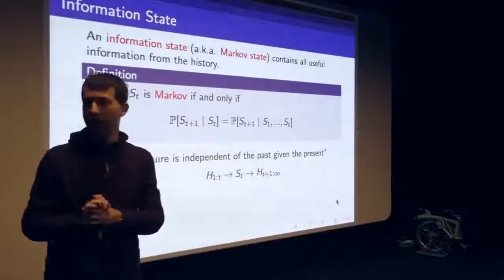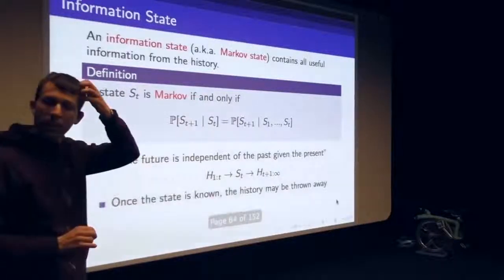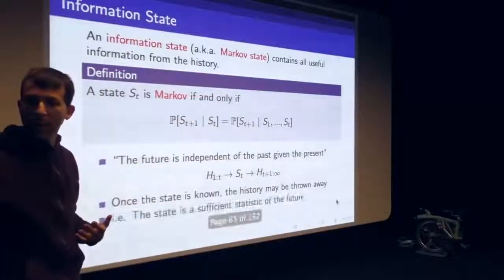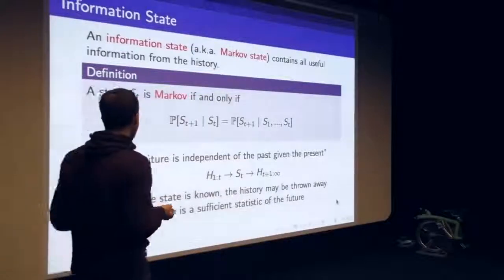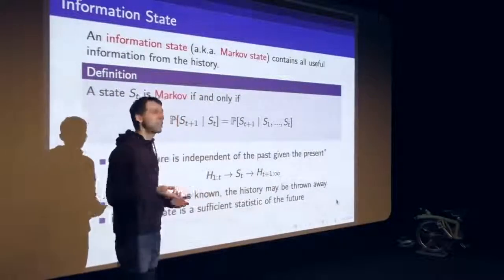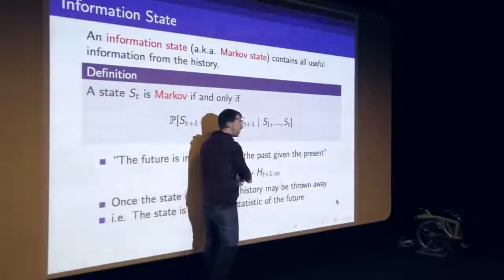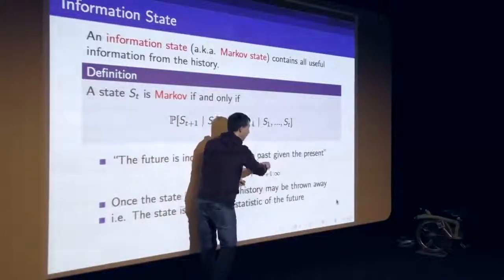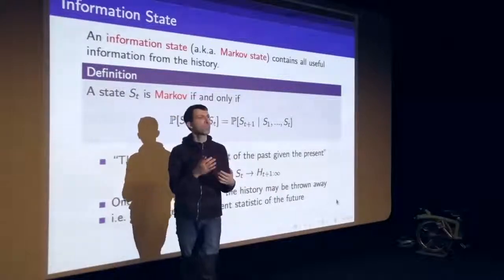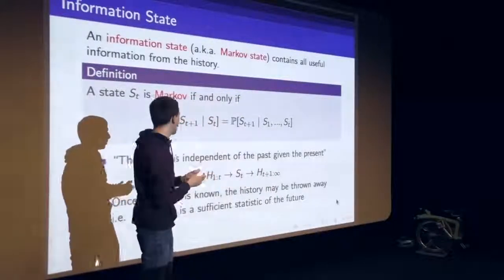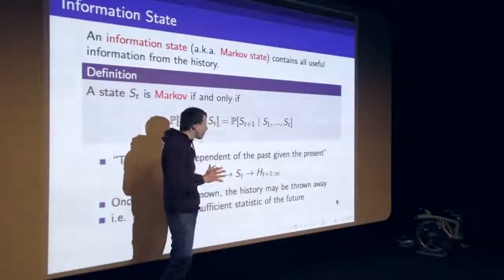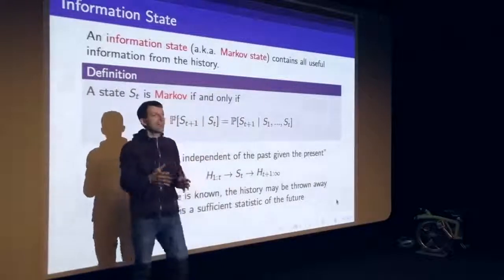So that's the definition of a Markov state. We can throw away the history now. Another way to say the same thing is that the state is a sufficient statistic of the future. This state fully characterizes the distribution over future actions, observations, and rewards. Once we have this state, we can say everything there is to say about that distribution.